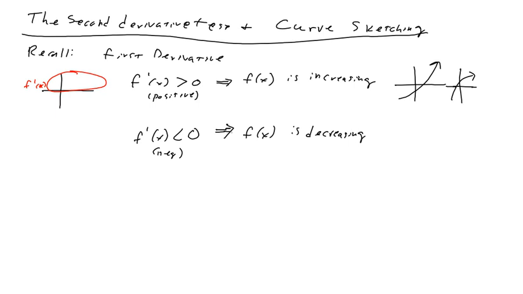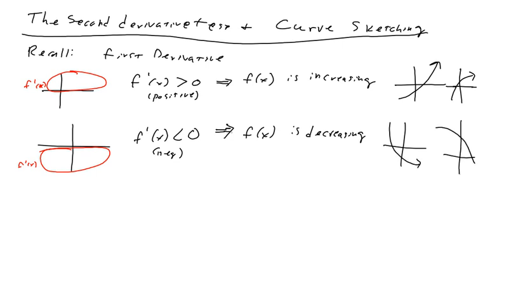So if the derivative graph, if f prime is in this area below the x-axis, then f of x is decreasing like this, or maybe it's decreasing like this. We know it's going down. So this is what we know about the derivative.